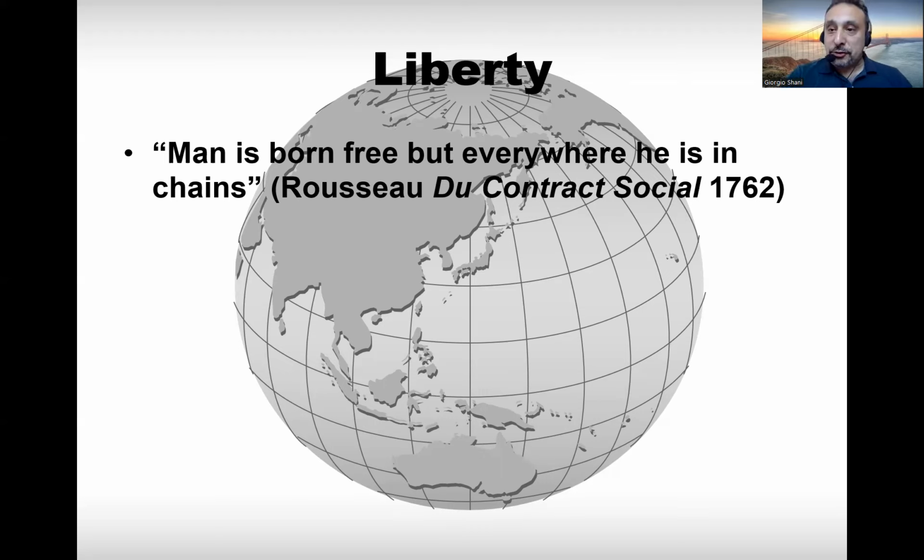A way of introducing the liberal dilemma, particularly as it applies to international relations, is the opening line from Jean-Jacques Rousseau's Du Contrat Social, the social contract, which is seen as a book which directly inspired the French Revolution of 1789. In this book, Rousseau states in his opening lines, man is born free, but everywhere he is in chains.